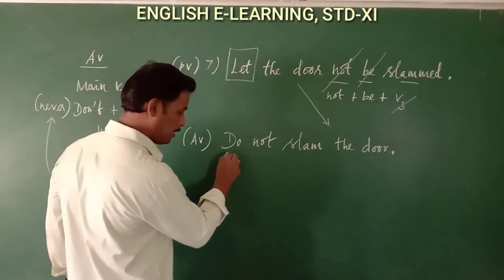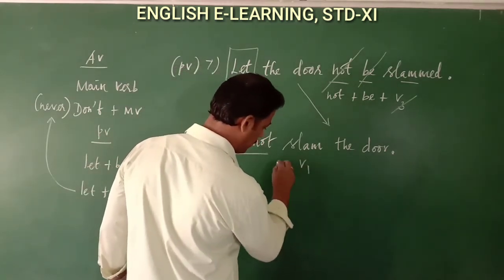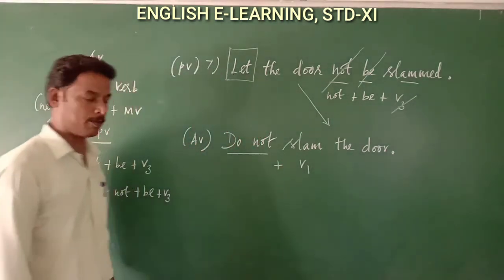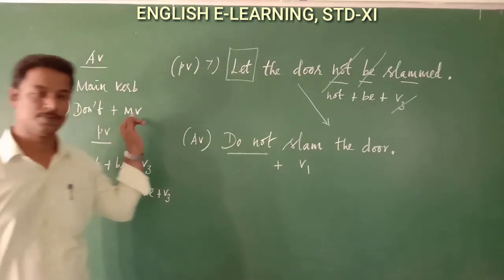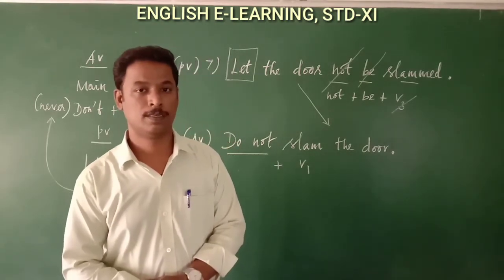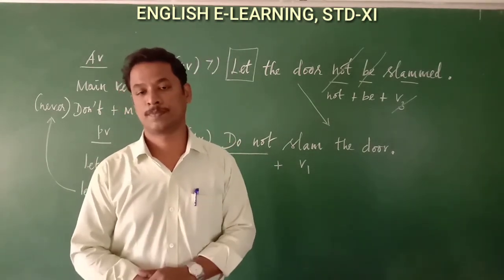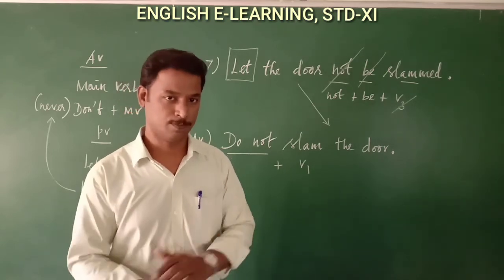Analyze the verb pattern: do not plus verb 1, that is main verb. Don't plus main verb. Right. With the last example, we can complete this session. So the last example comes now.